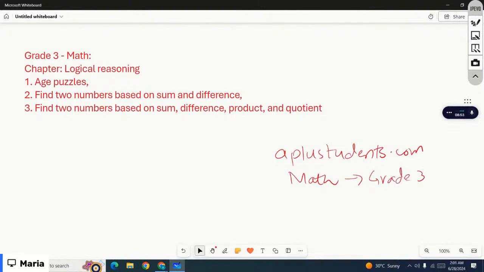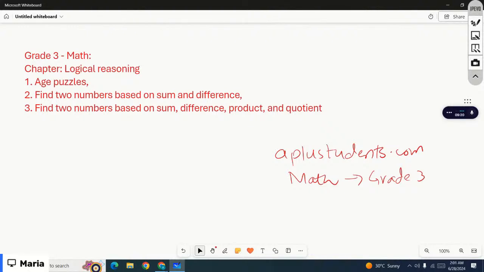Scroll down to grade 3 math and then click on all lessons. Here you can find the rest of the chapters. We're going to start with the chapter logical reasoning.